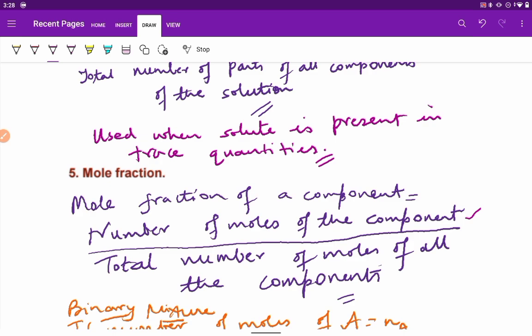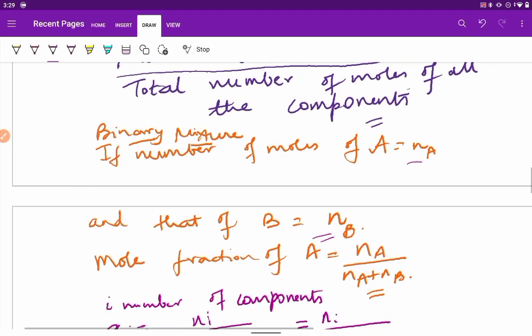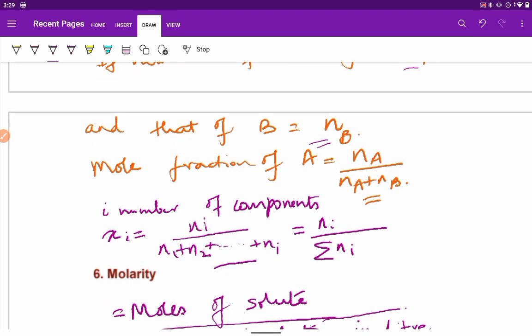For example, if we have a binary mixture having two components A and B, and the number of moles of A is equal to Na, and for B it is equal to Nb, then the mole fraction of A can be given as Na, that is the number of moles of A, divided by Na plus Nb, that is the total number of moles of A and B together.